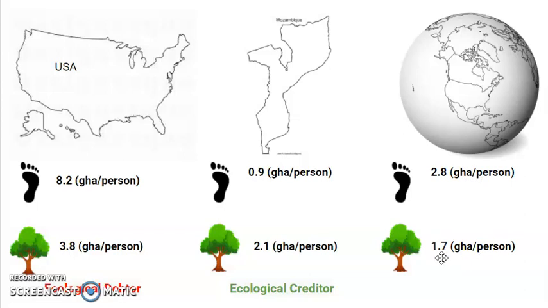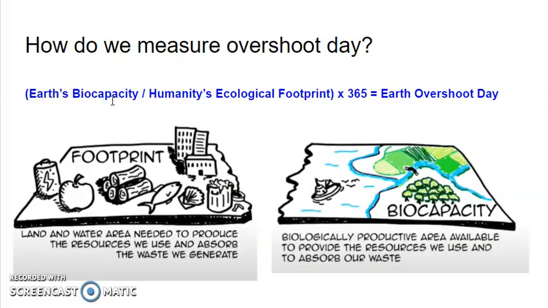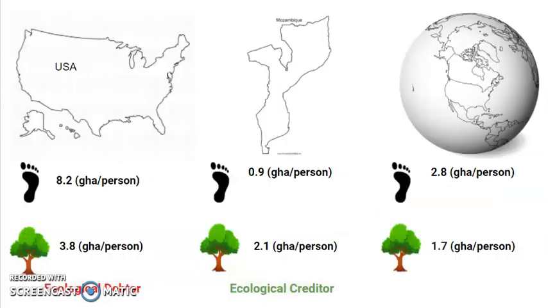So when you take 1.7 divided by this number, remember this formula? When you take this number divided by this number and multiply 365 days, you can calculate the Earth overshoot day. And if these are the numbers, we are doing something wrong. This is not a sustainable life if you are using more than you have.